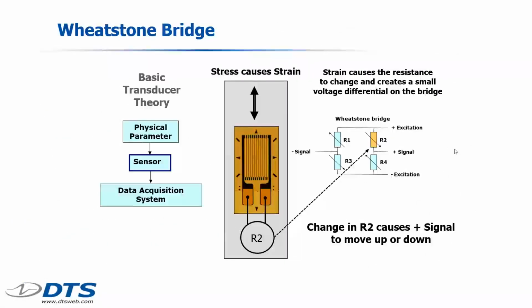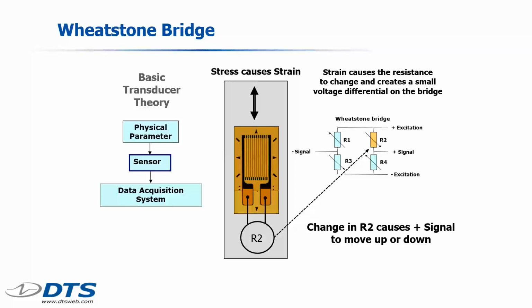We can recreate our Wheatstone Bridge as shown here, where we still have the 4 balanced resistances, but we've now made R2 our strain gauge. So once again, our strain gauge is on a material. We put stress or force on it. It causes the length of the material to change a little bit.